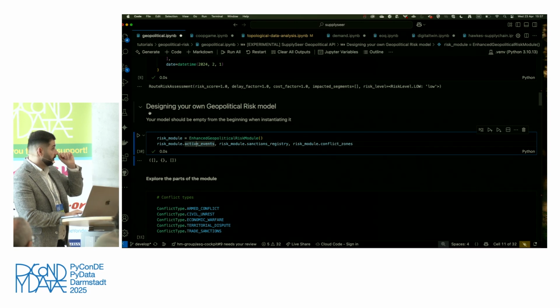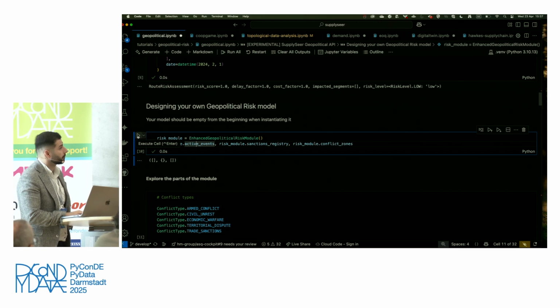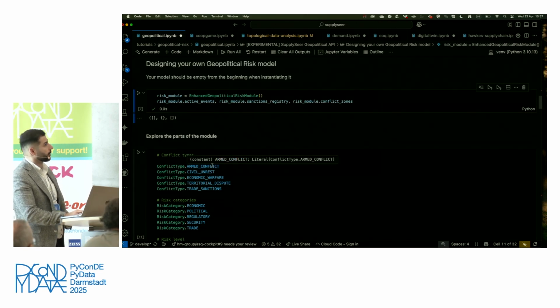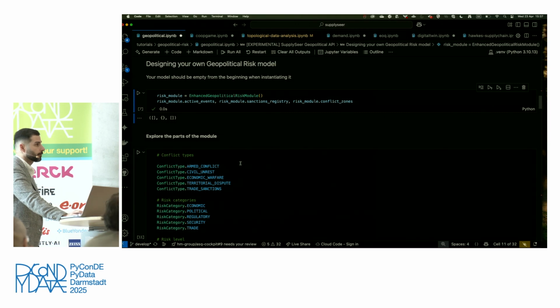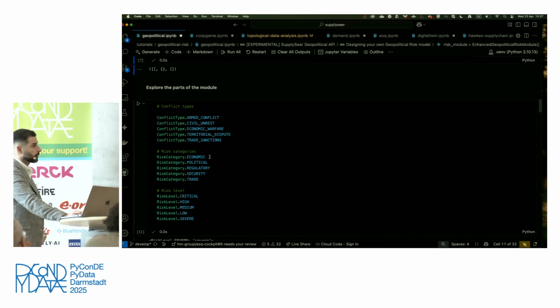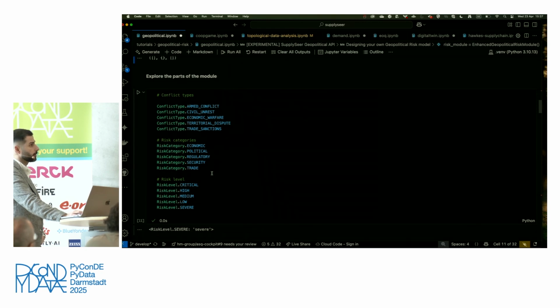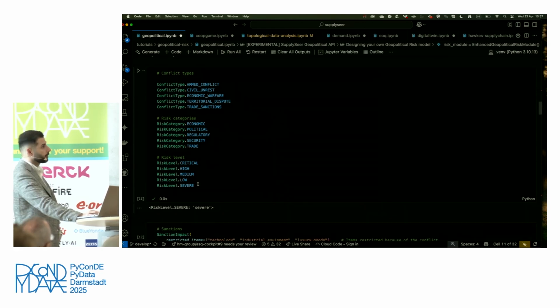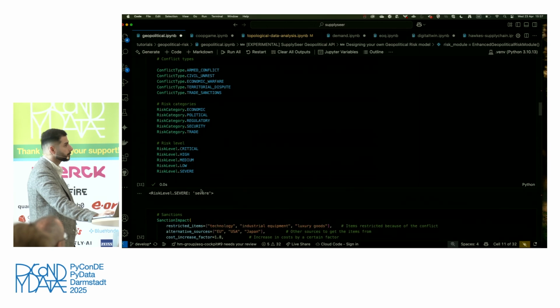We can do our own stuff with it, where we just instantiate it empty. Should be nothing in it. So here are some conflict types we could choose: armed conflict, civil unrest, economic warfare. For the risk, it could be economic, political, regulatory, security, trade, the risk level from critical to severe.